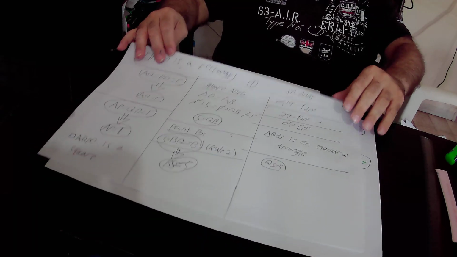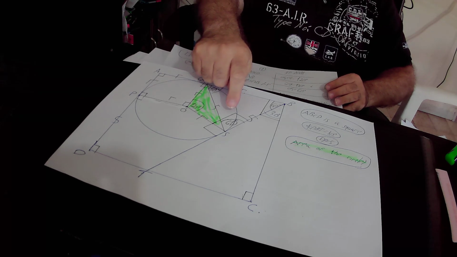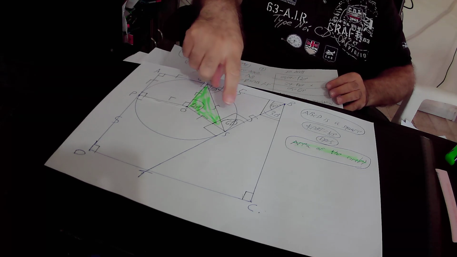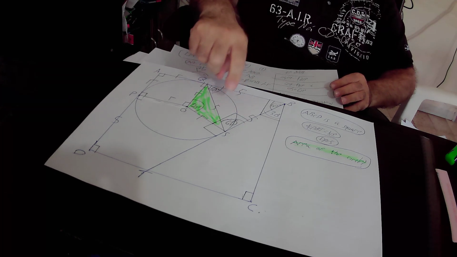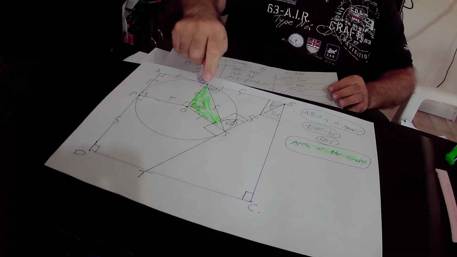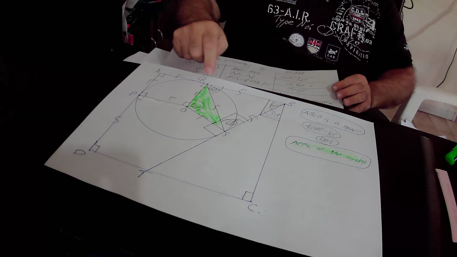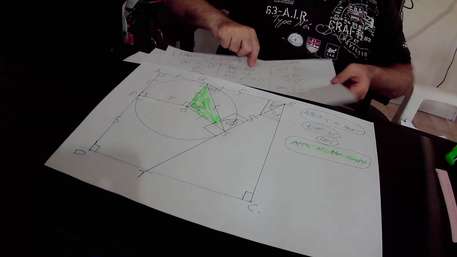So, inside triangle QBS, alpha equals 60 degrees, those two angles are equal to 60 degrees. This angle also equals 60 degrees, so we have three angles that are all equal to 60 degrees, therefore triangle QBS is an equilateral triangle.